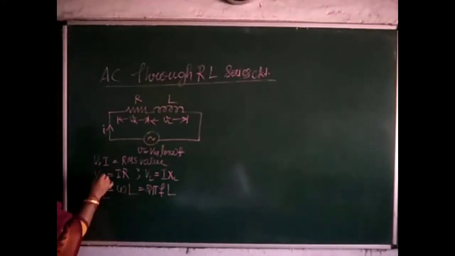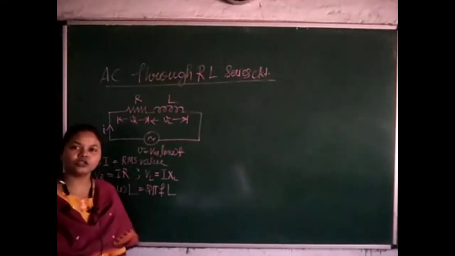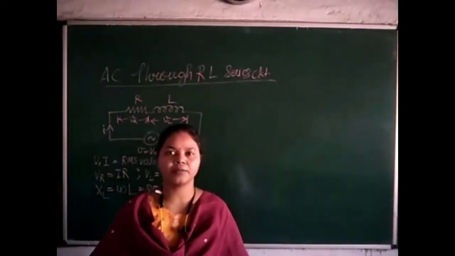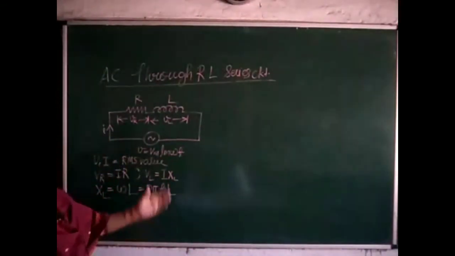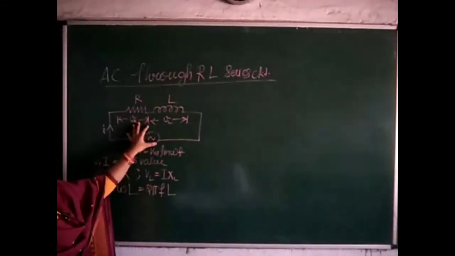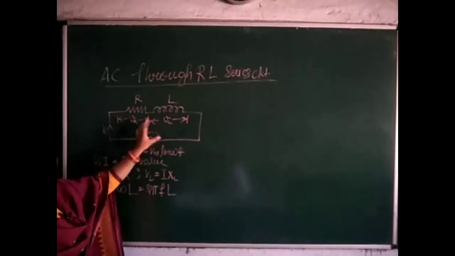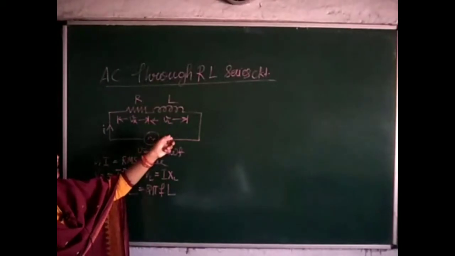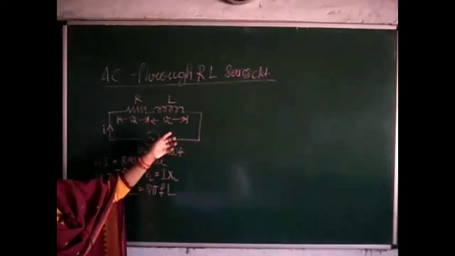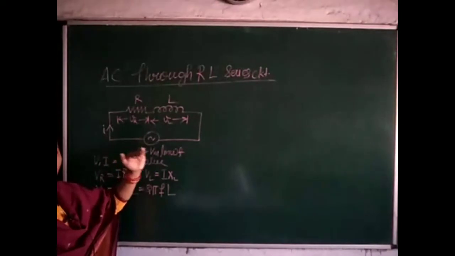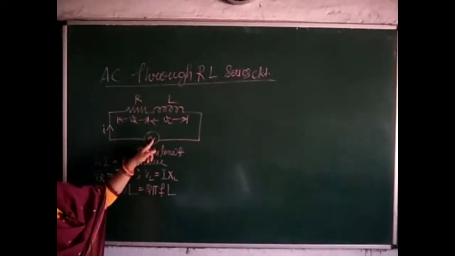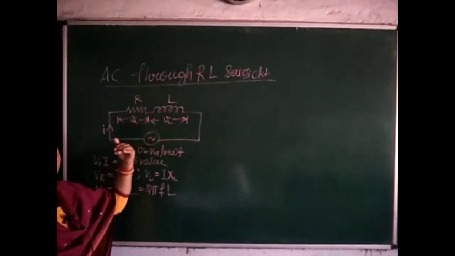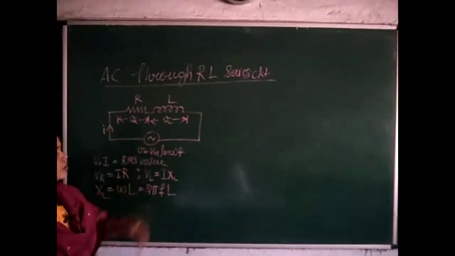Now, according to KVL, Kirchhoff's voltage law, the algebraic sum of voltages in a closed path is equal to 0. This is a closed circuit having a single mesh. Or the supply voltage is equal to the sum of the voltages across each and every element present in the closed path.